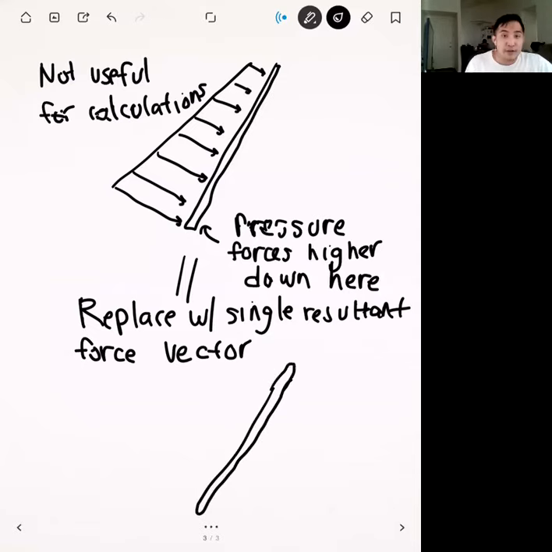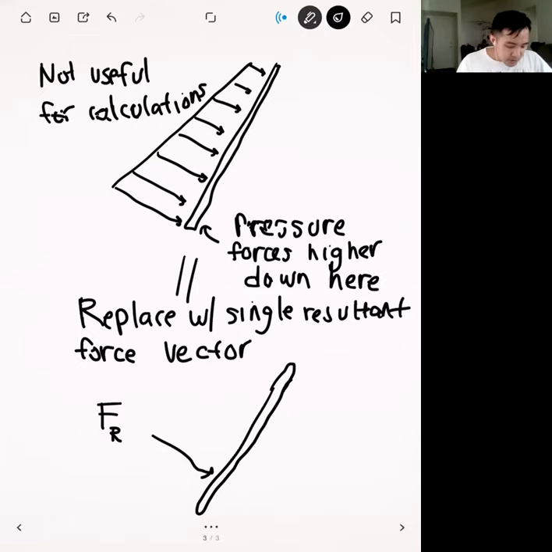So instead of a distributed force like you see up there, we have just one force vector like this. Okay. And so with that single force vector, we can use this to solve for the static equilibrium, or even just the sum of the moments have to all equal 0 as well. Okay.